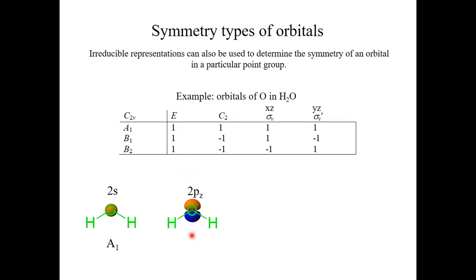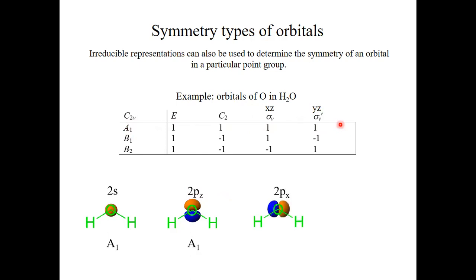We realize, well, nothing changes in the orbital. Now, as we apply the sigma v operation, we see, well, also nothing changes. And as we apply the sigma yz, we see, well, our orbital also remains unchanged. So again, that means that our 2pz orbital in the point group C2v must have the symmetry type A1.